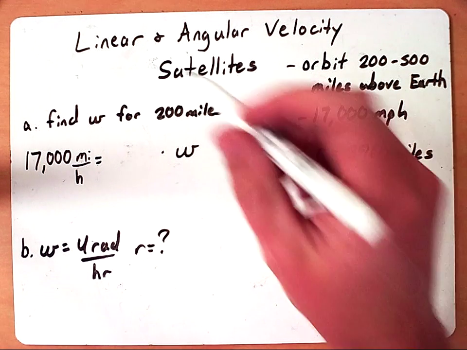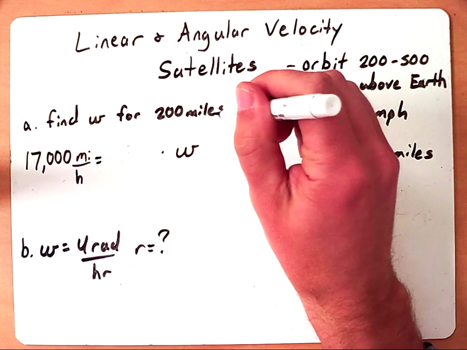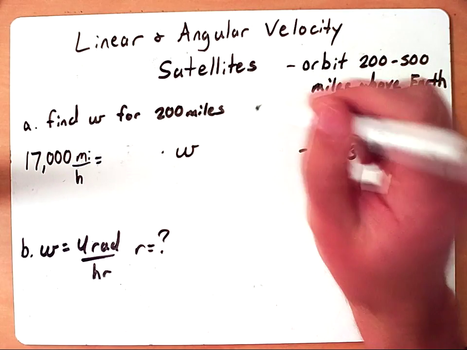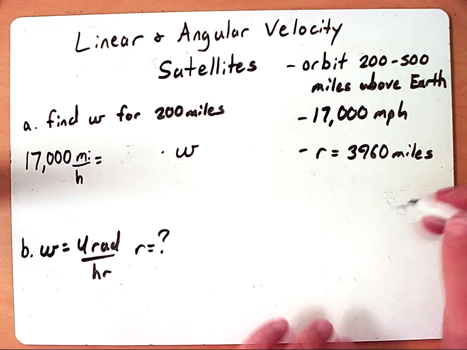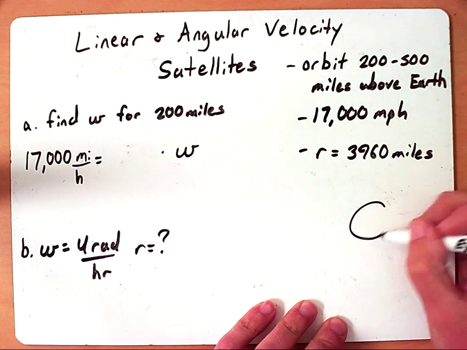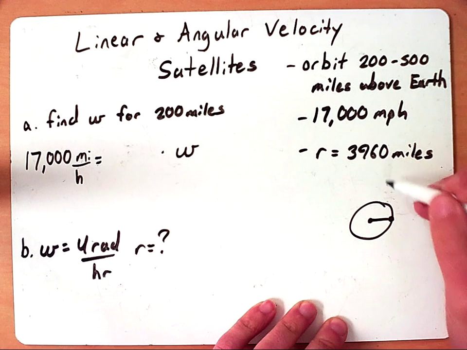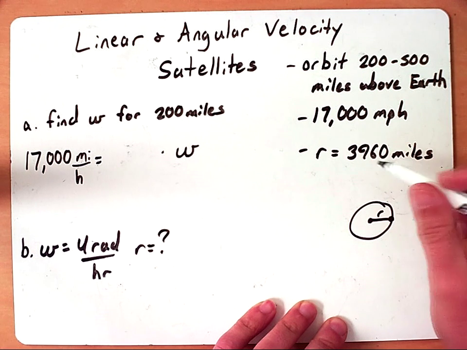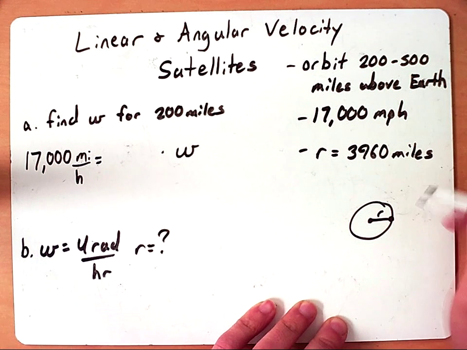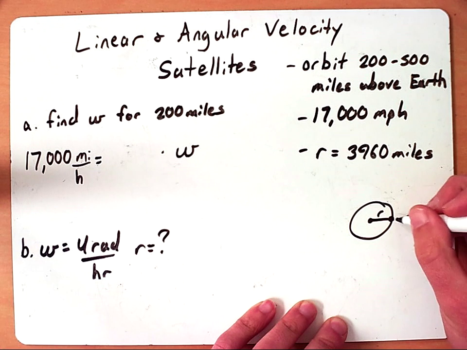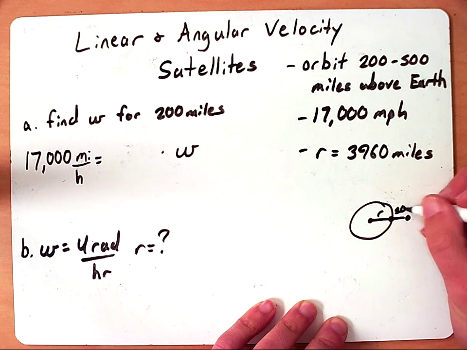Now, it tells us that this satellite is 200 miles above Earth. However, that is not technically the radius of the satellite, because if we drew Earth here, we would have the radius of Earth extending out here. That would be 3,960 miles. Then our satellite is another 200 miles above that.